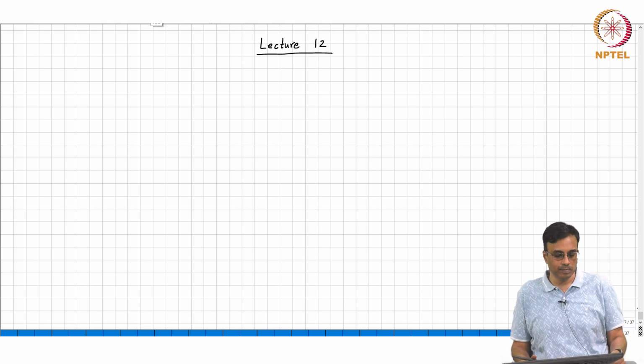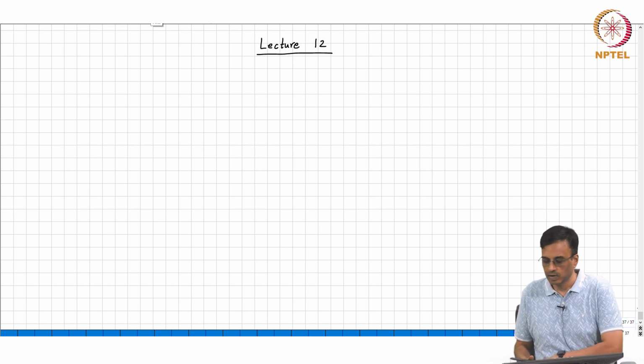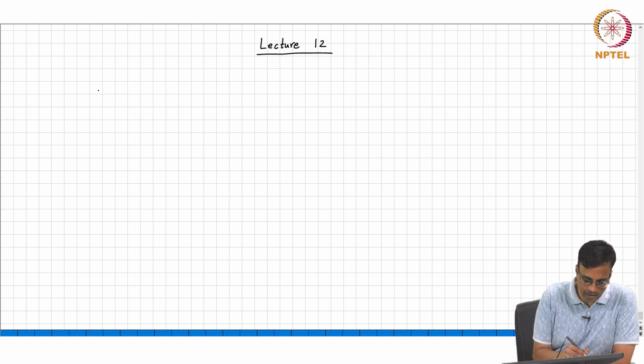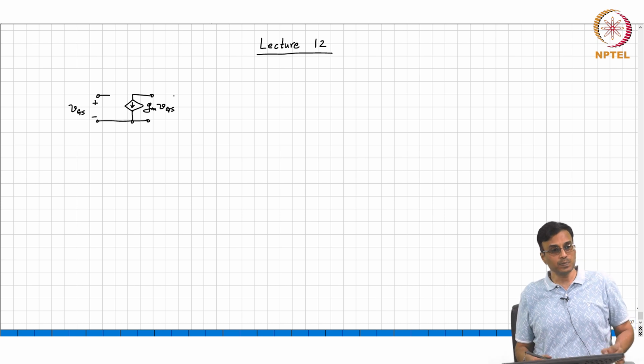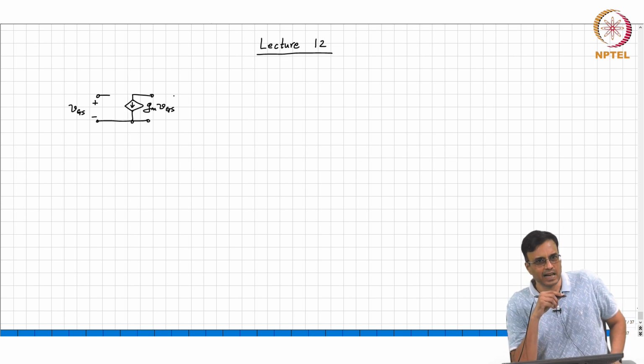This is lecture 12. In the last class, we basically concluded by saying that in principle the transconductance of a MOS transistor operating in saturation, I think I have been using the notation small v capital Gs, can in principle be as large as possible.